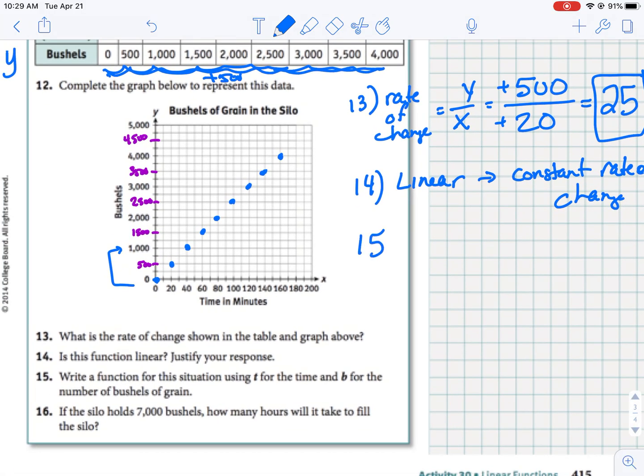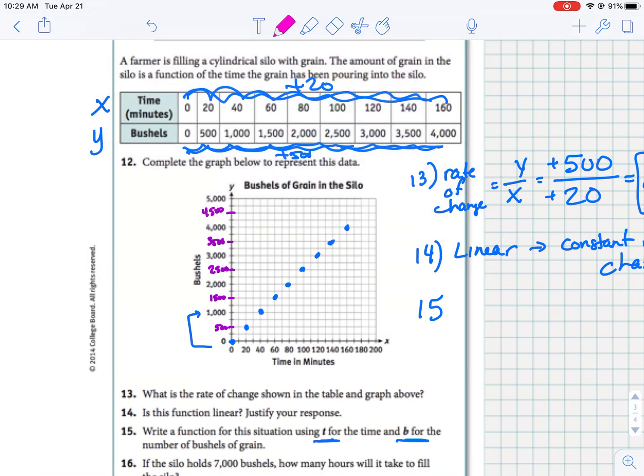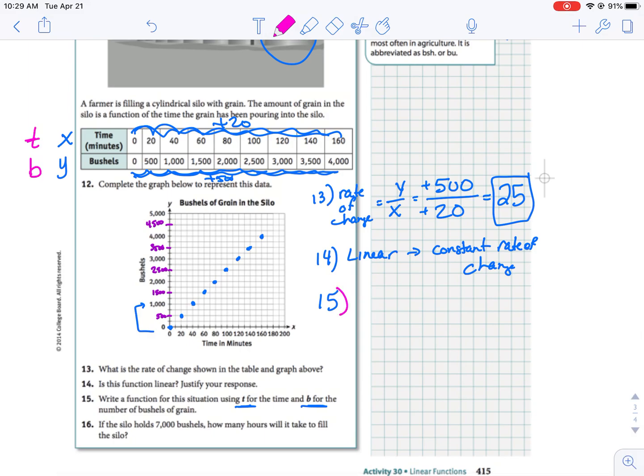Number 15 says, okay, go ahead and write an equation or a function for this situation. They want us to use t for time, and they want us to use the letter b for how many bushels. So instead of using x and y, we're going to use t for time, and b for bushels. All right, so for number 15, it's going to be y equals, or in this case, b equals.